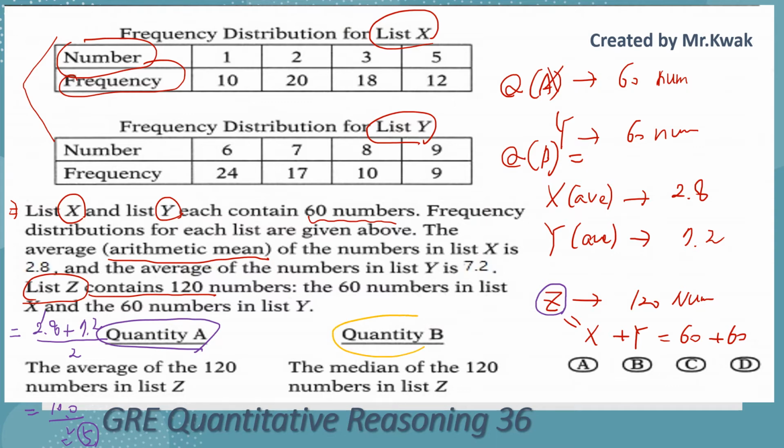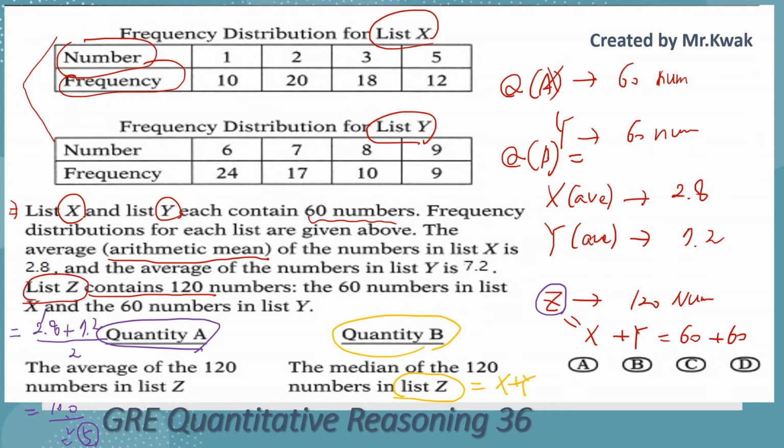Quantity B, the median of the 120 numbers in list Z. So list Z is still X plus Y, but they are asking for the median of the numbers.